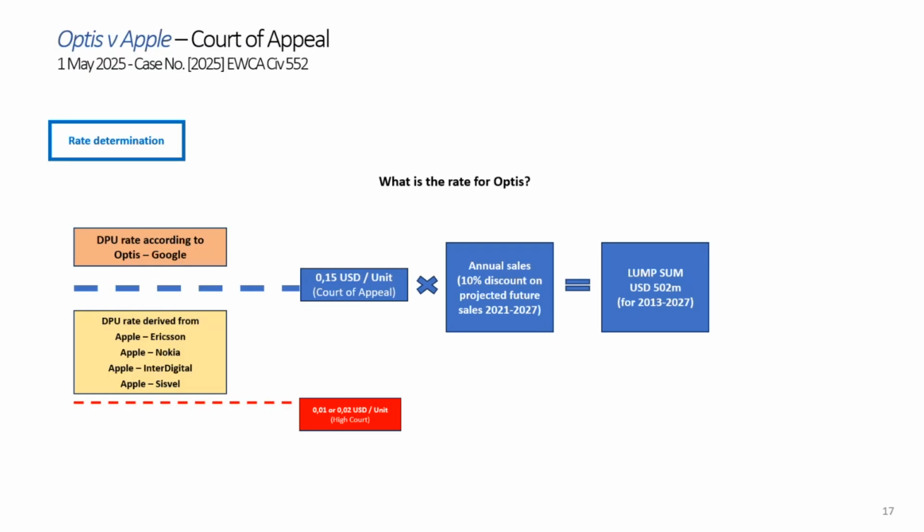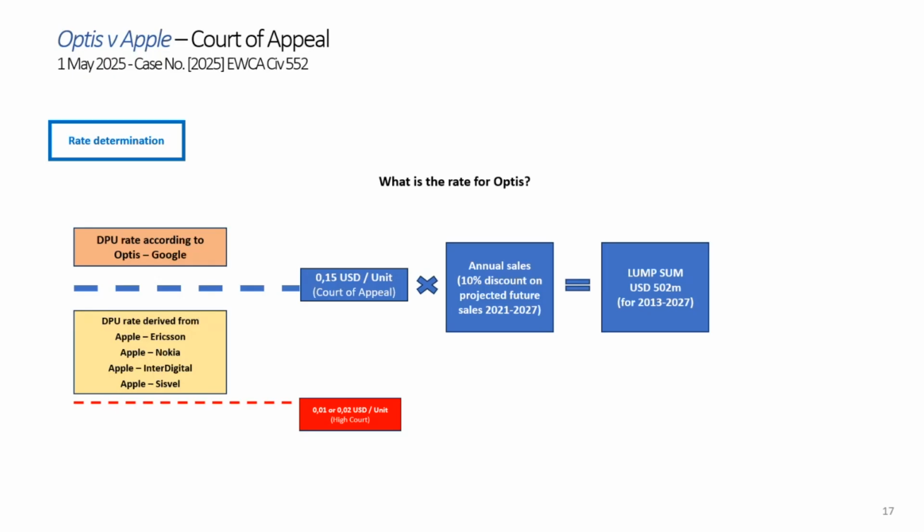So this is, of course, if we compare it with the first instance decision, a considerably higher amount. Here, if we would like to see where the High Court was, it is this red line, where the dollar per unit rate that the High Court had determined was between either 0.01 cent or 0.02 cent.